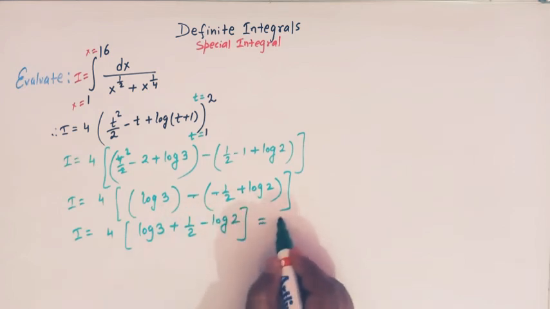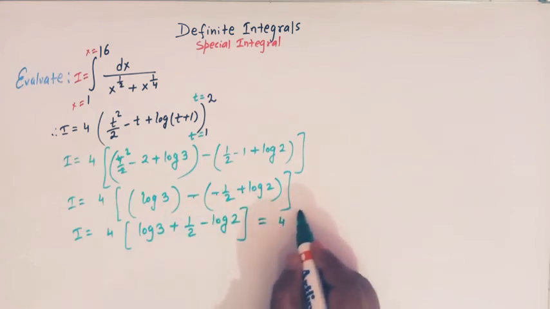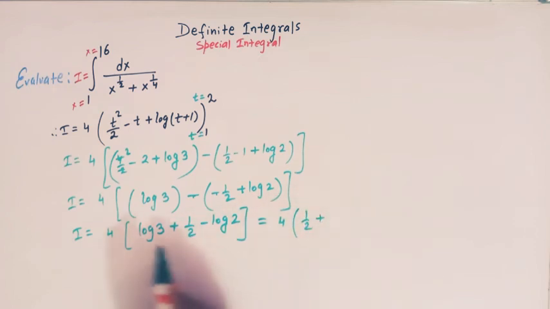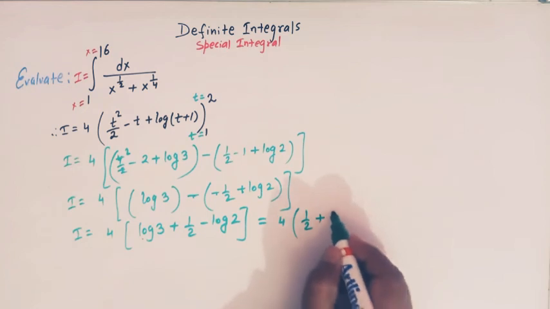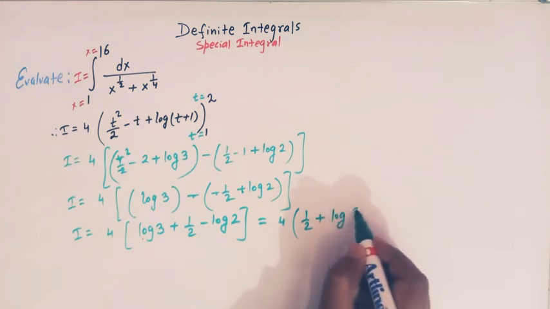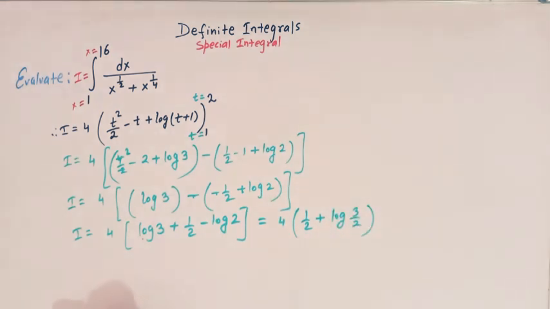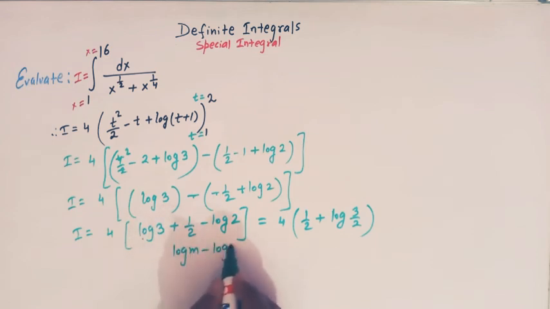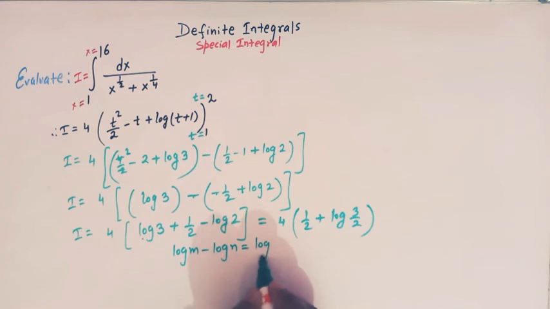Now we can write it as 4 times half, and log 3 minus log 2 can be written as log of 3 over 2, because we know that log m minus log n is equal to log of m over n.